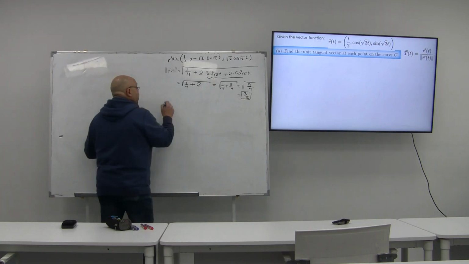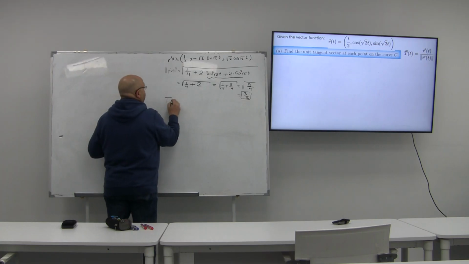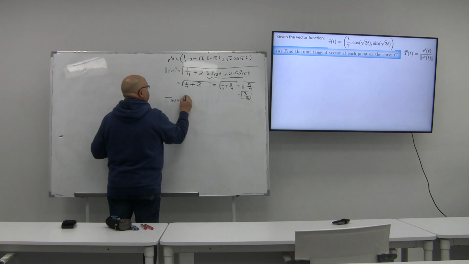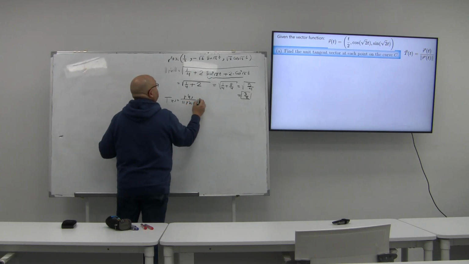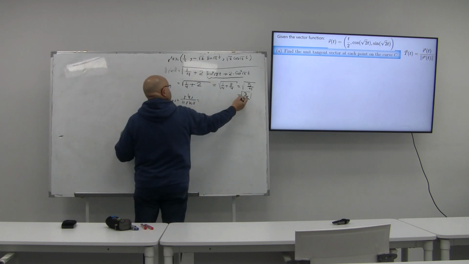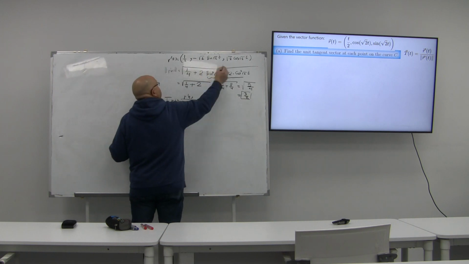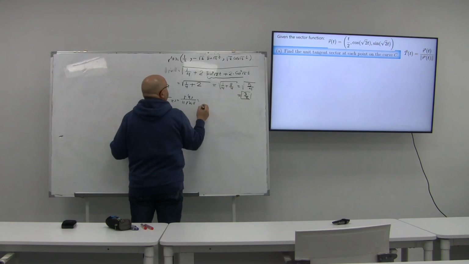Now to get the tangent, the tangent at t is simply r dash at t divided by its magnitude. So all I have to do is divide these components by 3 over 2, which is like multiplying all of them by 2 over 3.